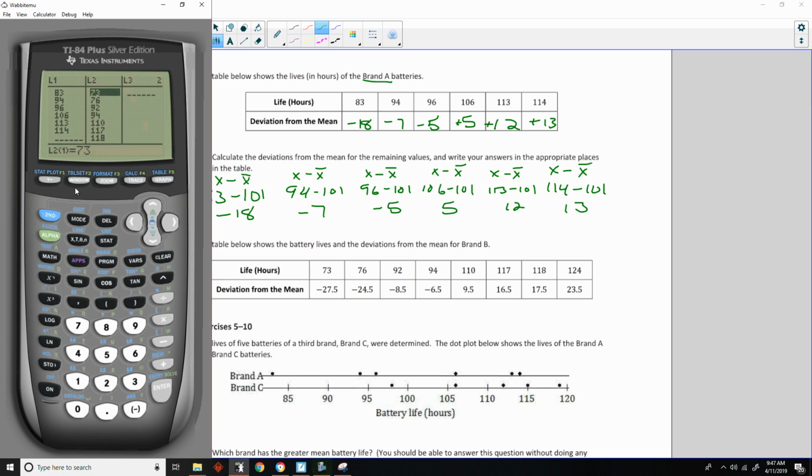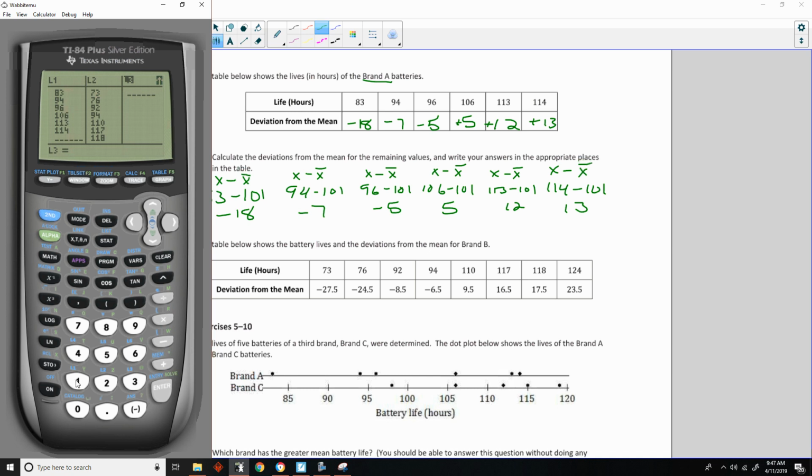So if you are in Stat and you've entered data, Stat Edit, and L1 was my brand A battery. Now if I go over to L3 and arrow up to the name of L3, see how it says L3 equals? Well, I can take the column L1, so I want to take the value from L1, that was my X, my 83, my 94, my 96.